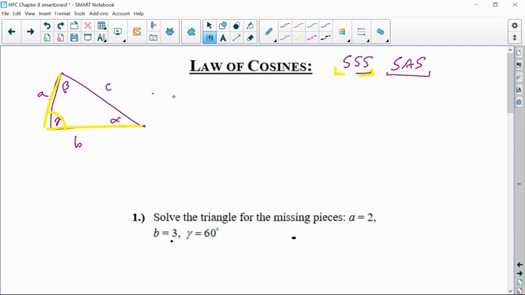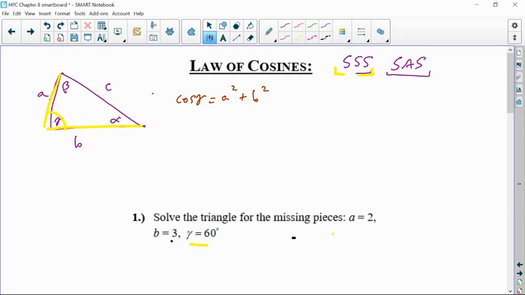It'll be cosine of gamma, which is this angle that you're given, is equal to a squared plus b squared. Oh, sorry, I totally got that wrong. I'm solving it for another one.